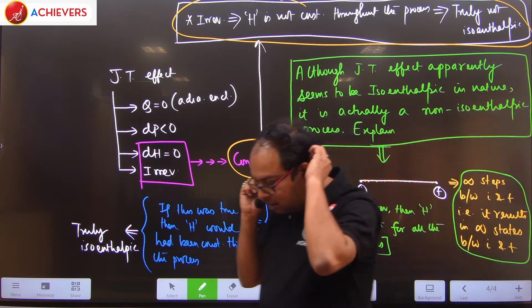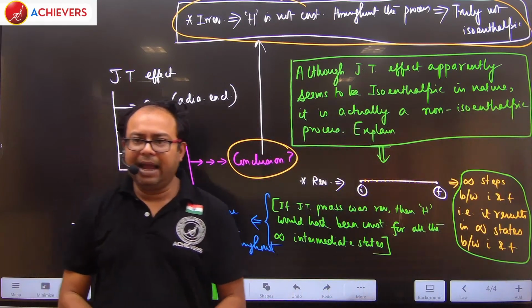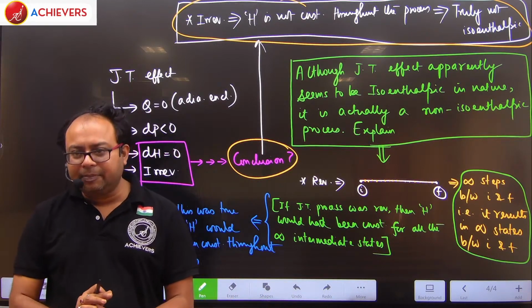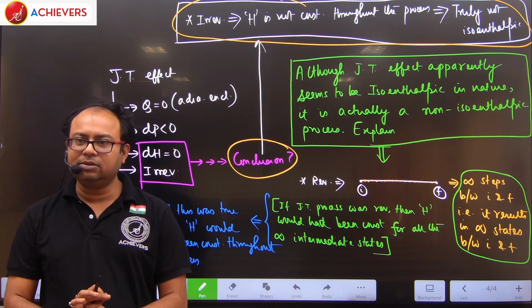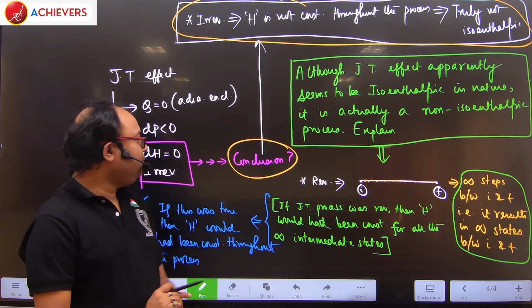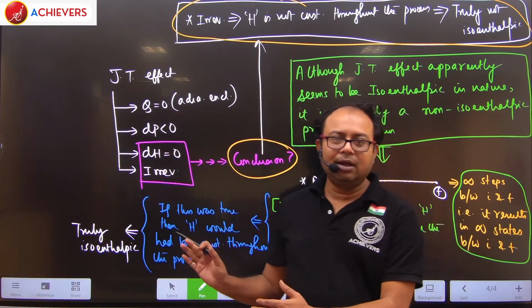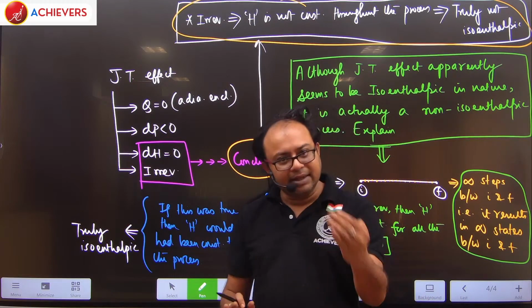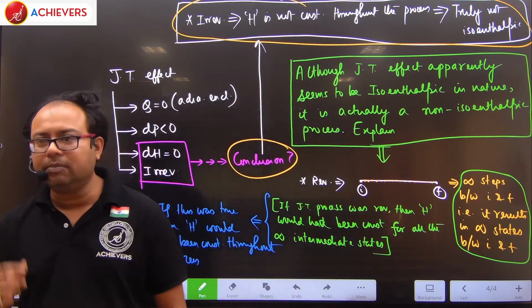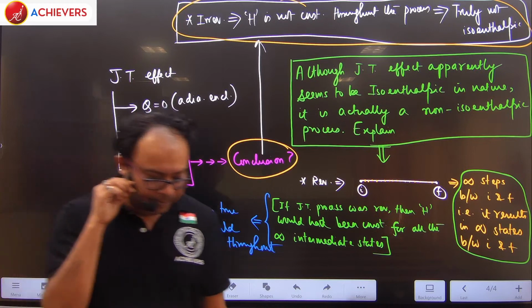So we have made an effective mathematical interpretation of this Joule-Thomson process, and we have found some important conditions or results arising out of it.